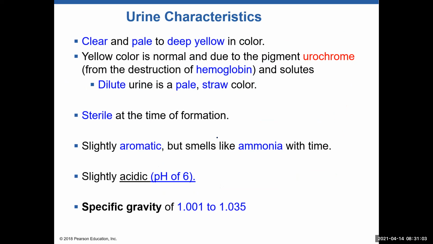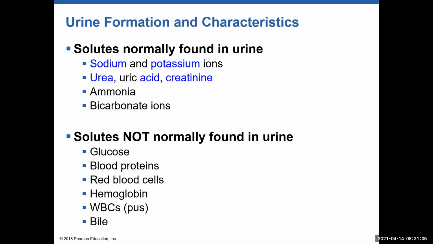Then we have the solutes normally found in the urine. We can find sodium ions, potassium ions, urea, uric acid, creatinine, ammonia, highly toxic to the brain, and bicarbonate ions.